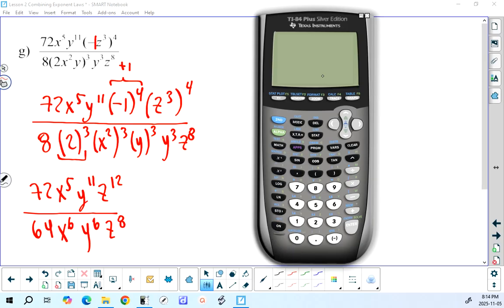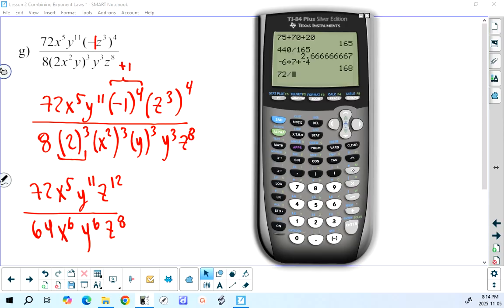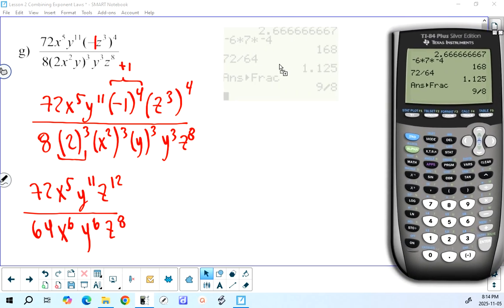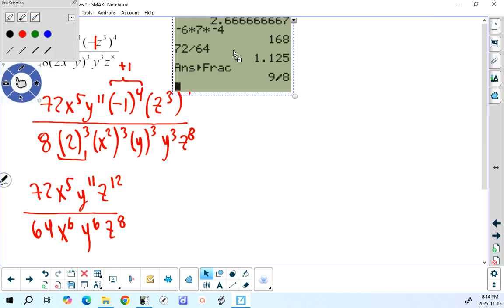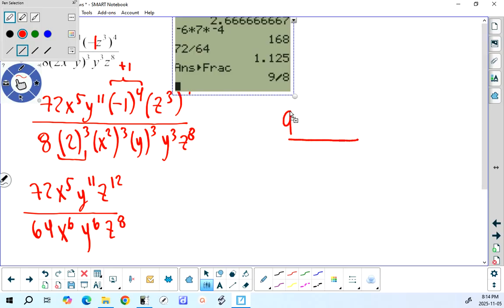So I'm going to use my calculator to figure out what 72 over 64 is. 72 divided by 64 is this in decimal form. And if you hit the math key and go enter, enter, you get 9/8. So we're going to have a 9 on the top and an 8 on the bottom.